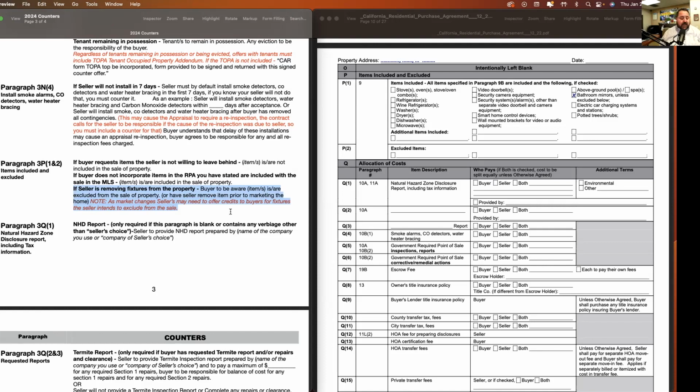Now, here's the thing. In the market we've been in for the last 10 years at least, you can do that counter of saying, I'm excluding something that should be included without any kind of compensation.